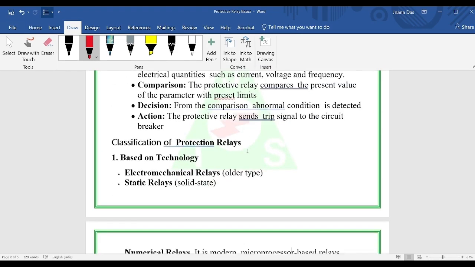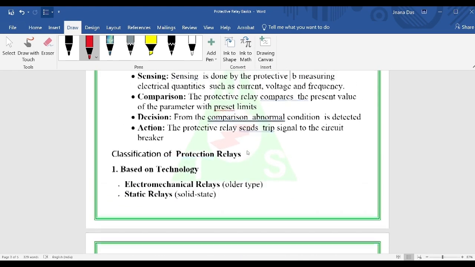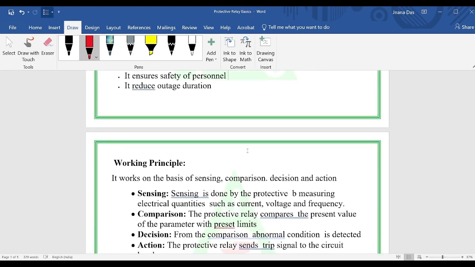Then what is the working principle of the protective relay? It works on the basis of sensing. It senses any changes in the system, compares, takes the decision and acts properly.